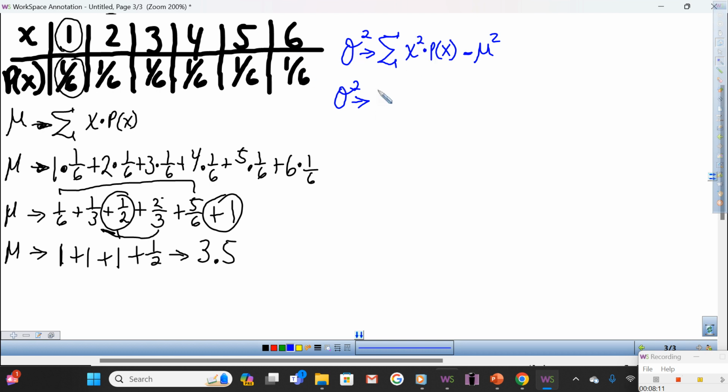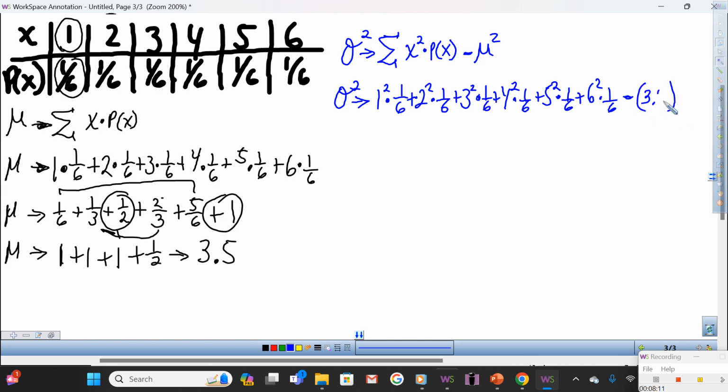Let's write it out. 1 squared times 1/6 plus, what's the next number? 2 squared times 1/6 plus 3 squared times 1/6 plus 4 squared times 1/6 plus 5 squared times 1/6 plus 6 squared times 1/6, and then minus 3.5 squared.